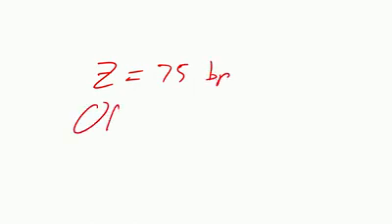Let's say that we go in and do some calculations and we get a Z-spread equal to 75 basis points, and we have an OAS equal to 50 basis points. Well, what kind of bond is that?